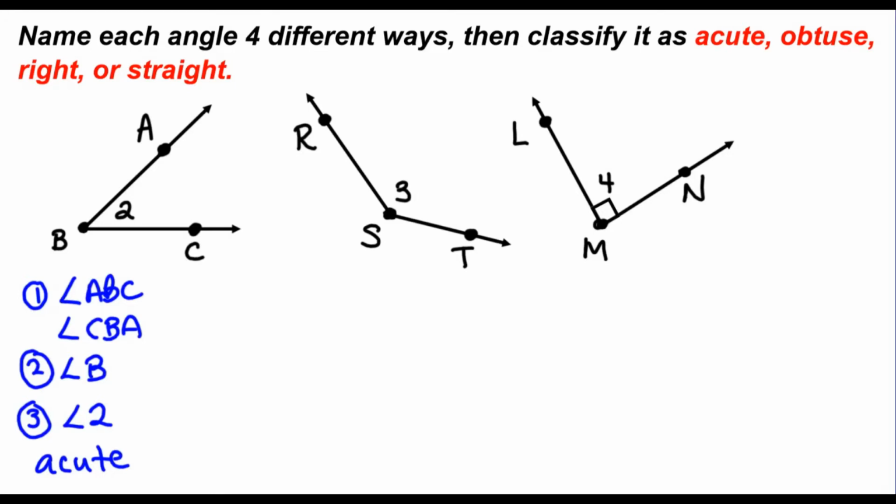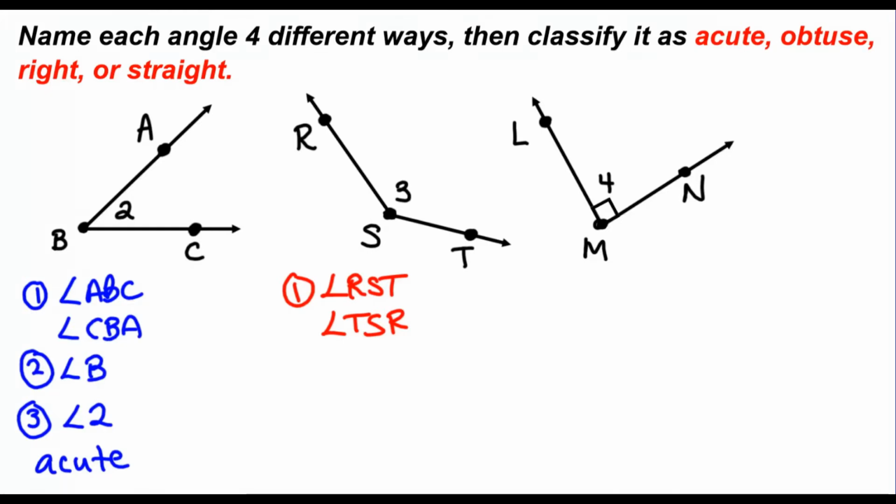Next, we have this angle that is formed by these two rays, and we can name it by 3 points on the angle, angle RST, or angle TSR. And notice again that S is the middle letter because it's the vertex. The vertex must be the middle letter.